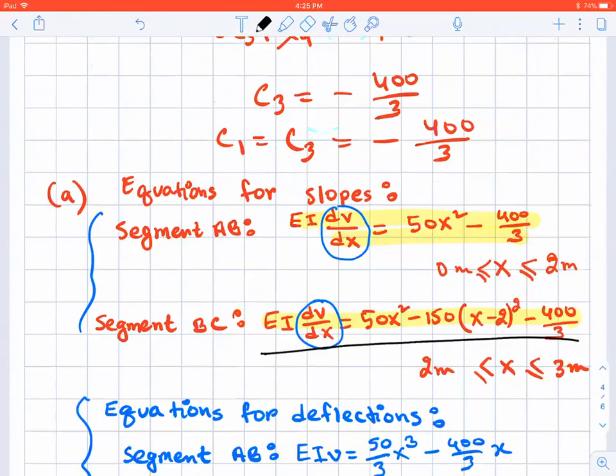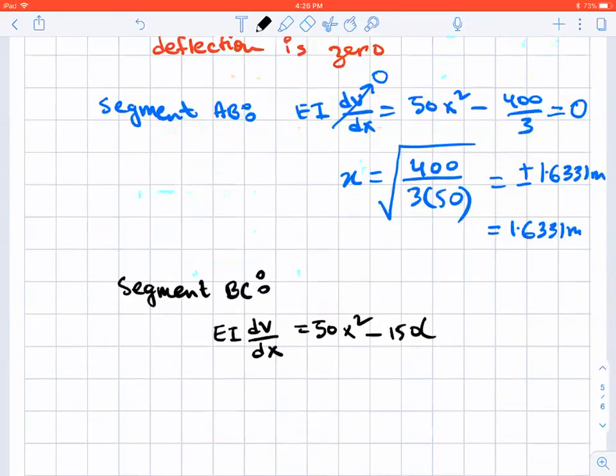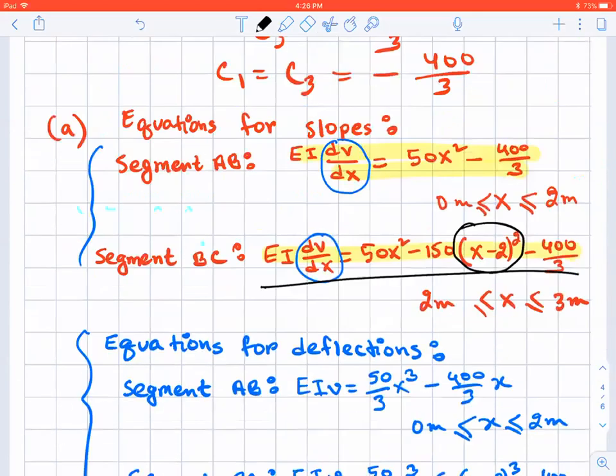I'm going to expand this: if you expand x minus 2 whole squared, you get x squared minus 2x plus 4, then minus 400 over 3, because the last number is this.